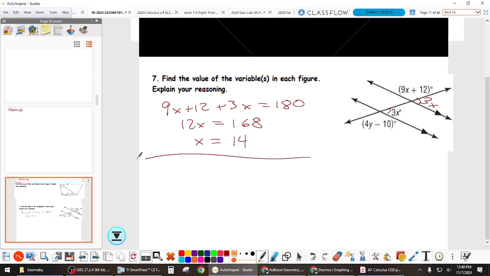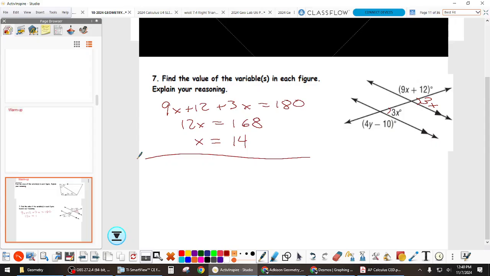Alright, and then for y, how are we going to involve x to get y? Well, what's the easiest way? You plug x in for 3x, or you could do 9x plus 9, but 3x because both of the angles together equal 180.